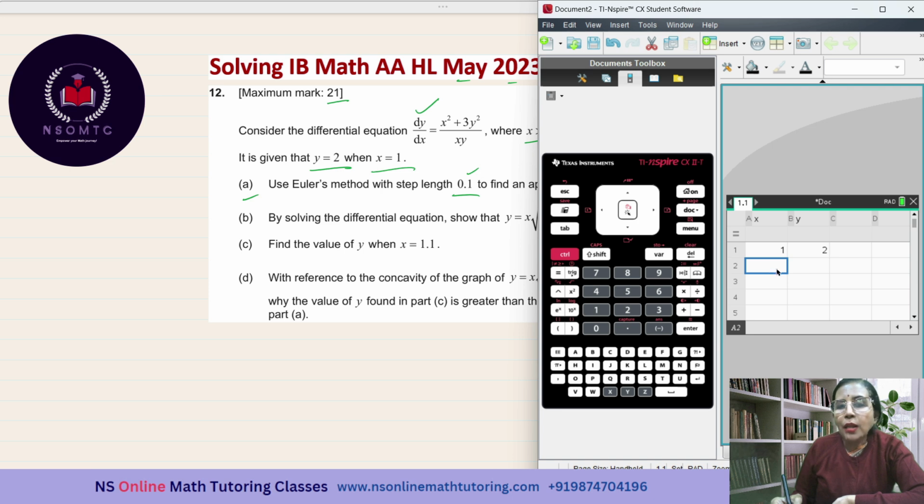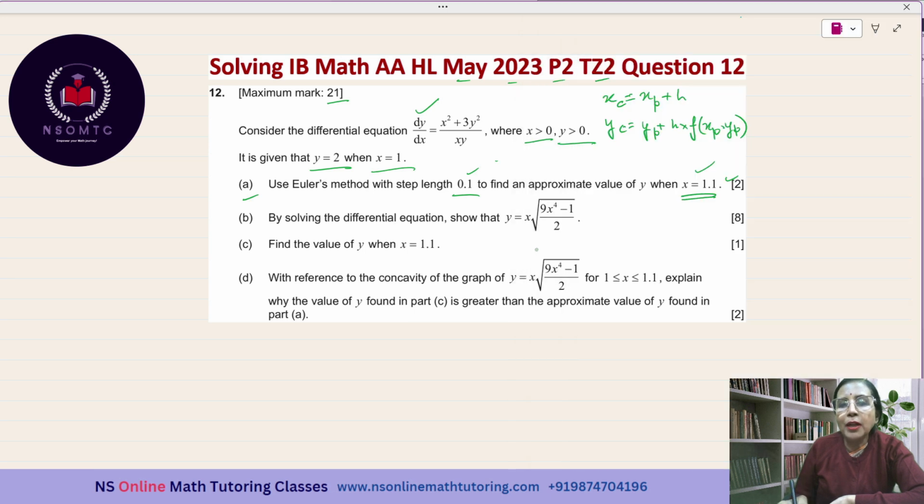Now I will be calculating the current value of x based on the previous value of x, which is stored in the A1 cell. So I will be using a formula, and the formula always starts with the equal to sign. So I will be writing equal to sign, and x previous plus h. X previous is the previous value of x, which is stored in the A1 cell.